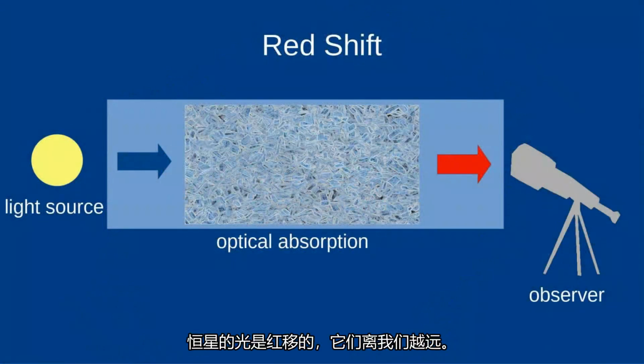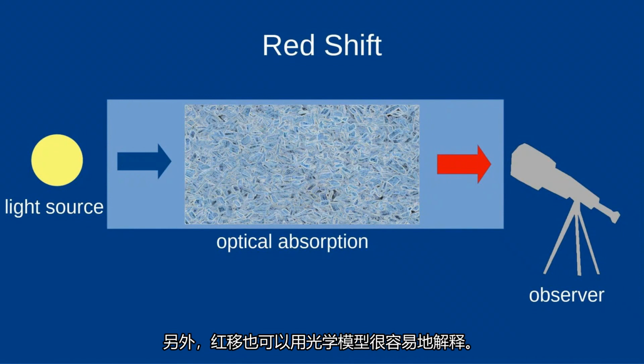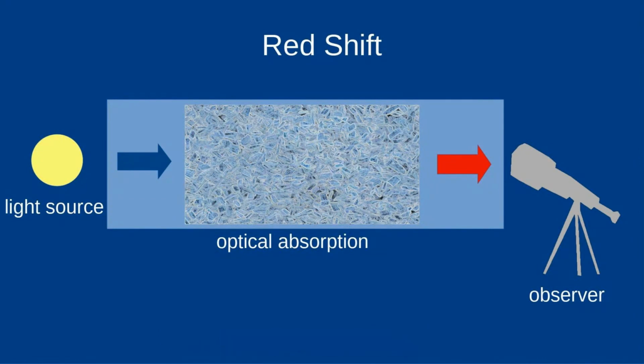The light from stars is redshifted the further away they are from us. From this one concludes that the universe is constantly expanding. Alternatively, the redshift can be explained quite easily with an optical model. Since the ether is a medium in which light propagates, light will lose some of its energy on its journey over many light years and transfer it to the ether.